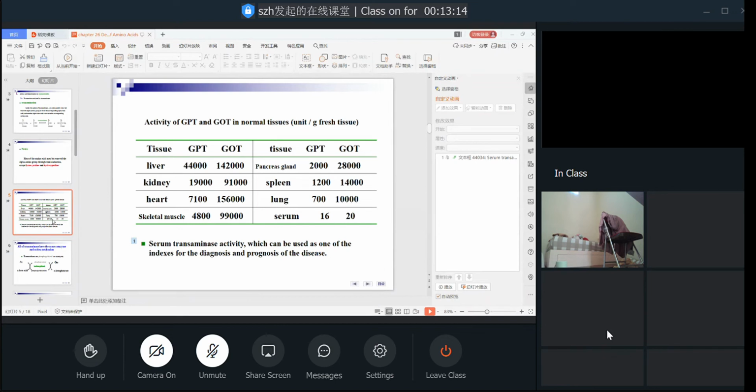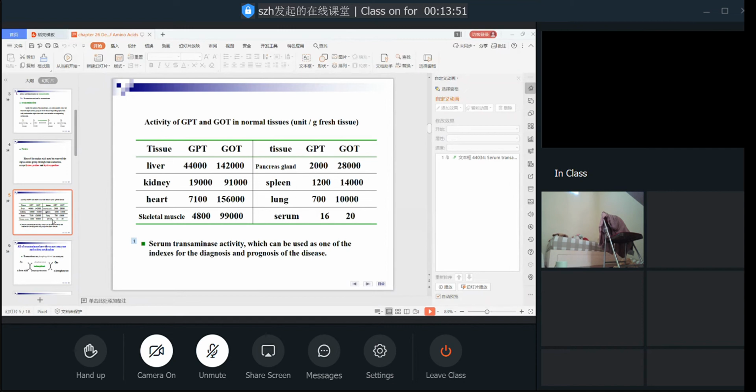For a normal person it is like this. If the person is affected by a virus, or the liver is not working well, for example with tumors, at that time serum transaminase activity immediately increases. So it can be used as one of the indexes for the diagnosis and prognosis of disease.